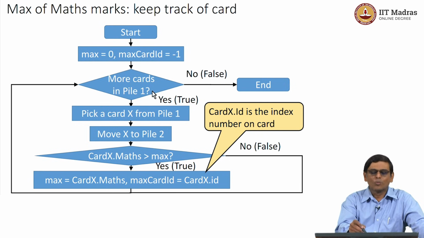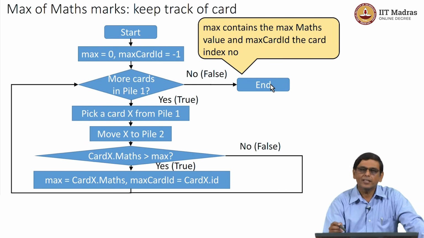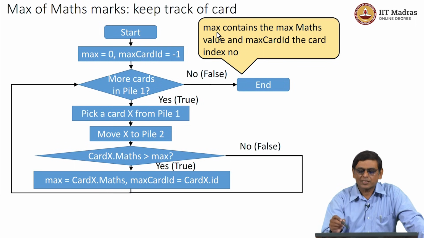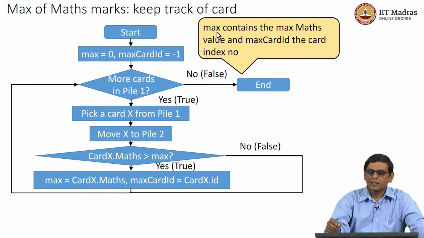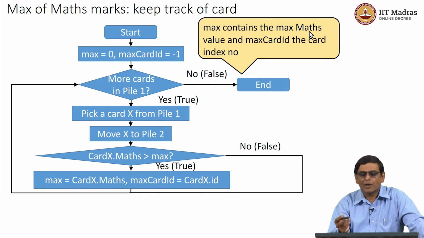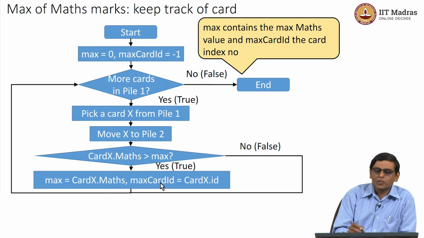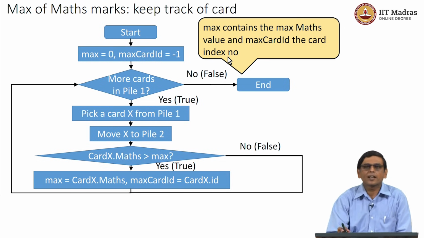We will stop when there are no more cards in pile 1. So, you will come out at the end here, and now the value of max variable is the value of the maximum maths marks that we have seen so far, but also because we are keeping track of the card on which that max marks was found, max card ID will carry the card index number as well.